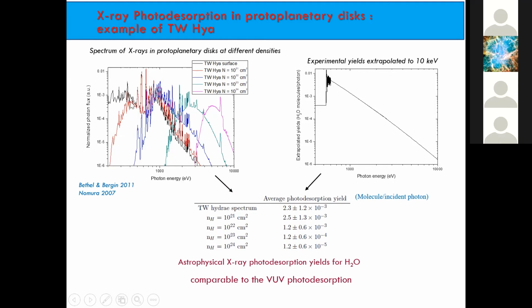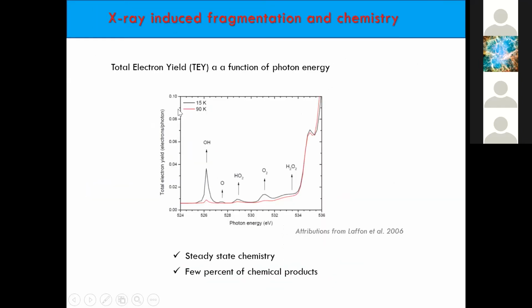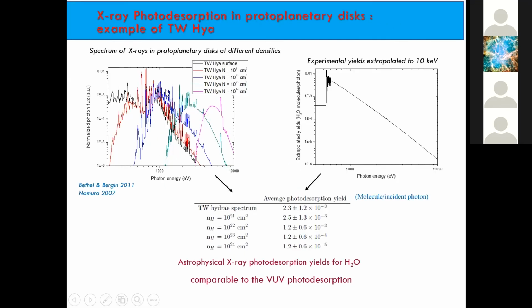So here it's an example that Emmanuel has shown. In black, it's the profile of X-ray from TW Hydrae. And then we can take into account that there is some filter due to the scattering by dust and gas, depending on the density. So we get different profiles depending on different densities. And then we get effective photodesorption yields ranging from 10⁻⁵ to 10⁻³, depending on the density.